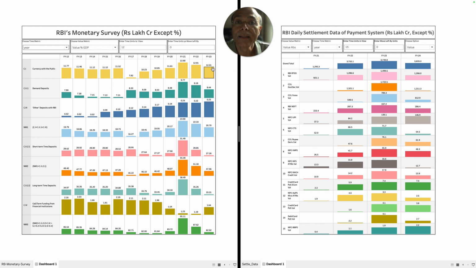Understood? But now, with withdrawal of the 2000 rupees note from the system, to an amount of around 4 lakh crores, still this number is 12.01%, which is higher than the number that we saw, in spite of the fact that our system has become more cashless.